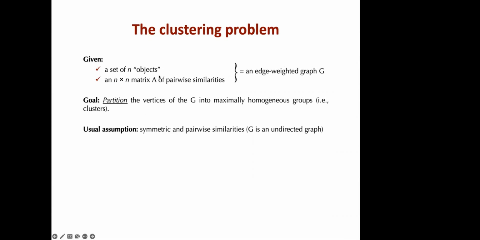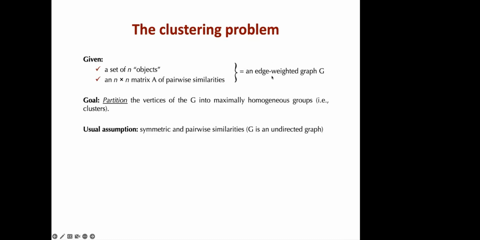Okay. This is the matrix version of the problem, but of course you can even think about this problem in terms of an edge-weighted graph, where I'm given a bunch of nodes connected by edges, and on the edges you will have a weight, and this weight measures the similarity between two nodes.